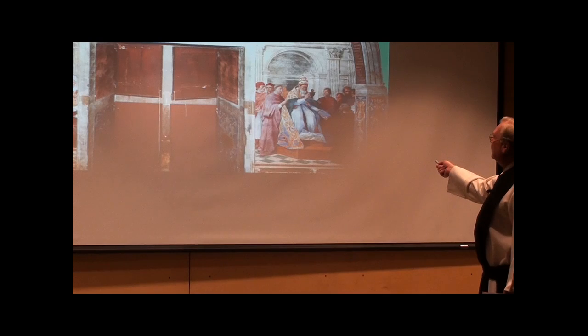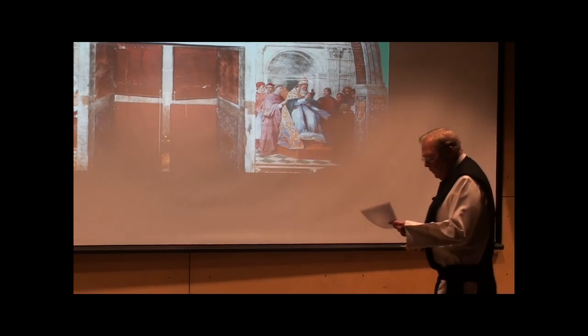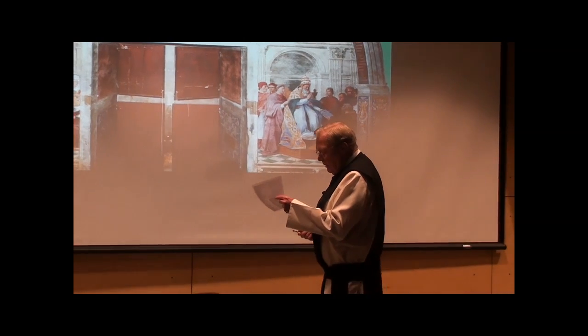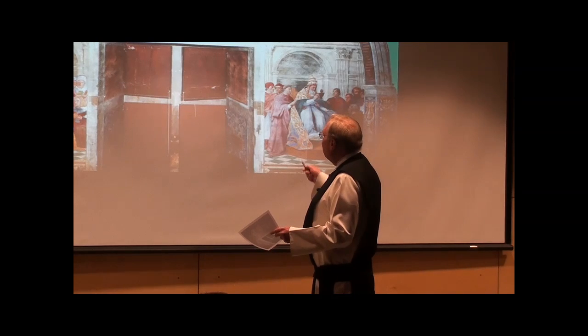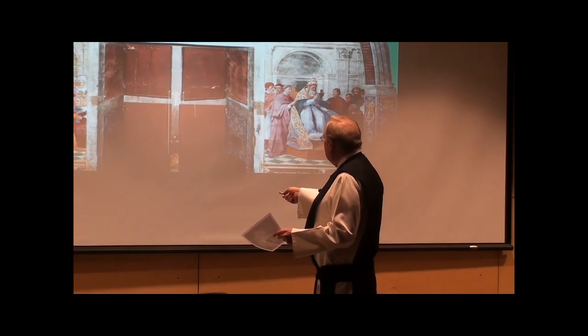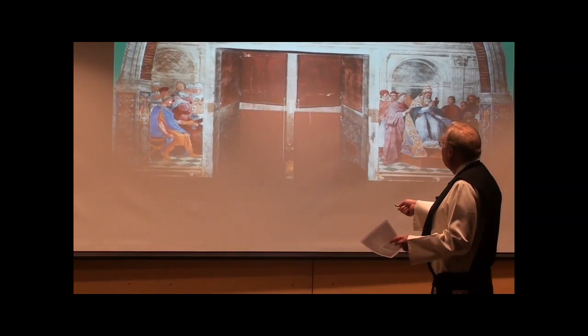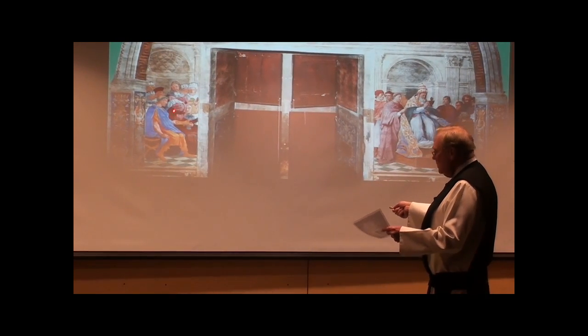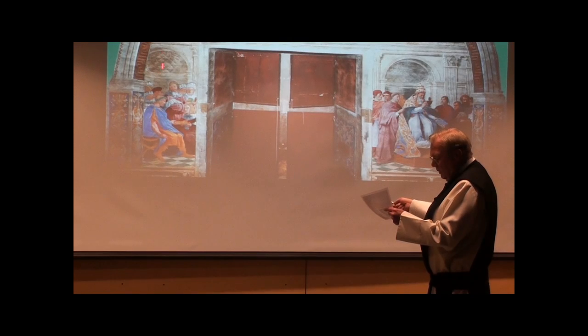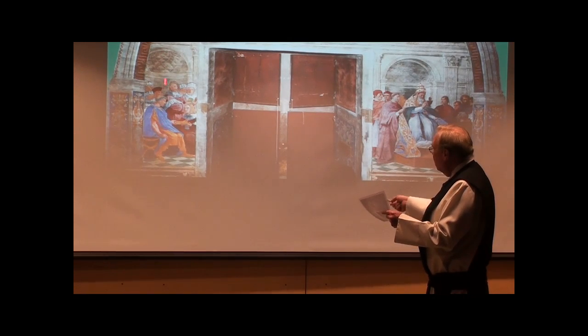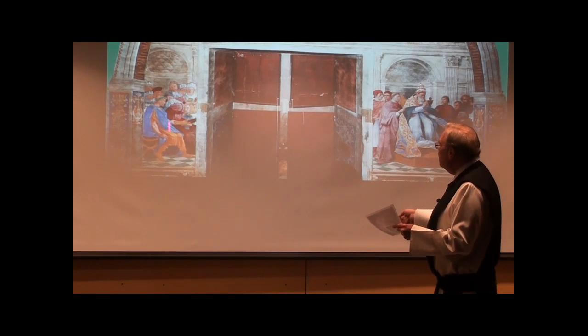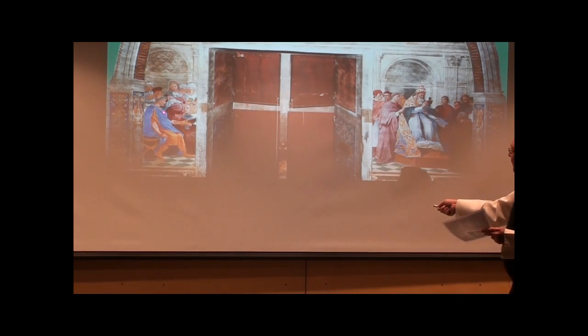So you can see how he's got the moral life, the social life. Now in this, there's also down below here Justinian, who is receiving the Roman civil law. It's being handed to him here.